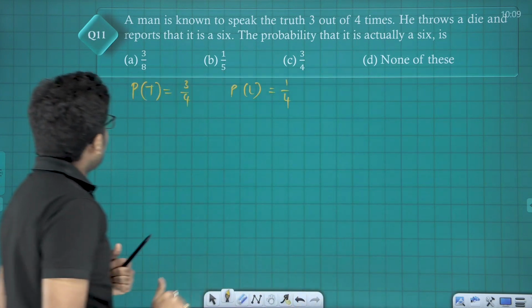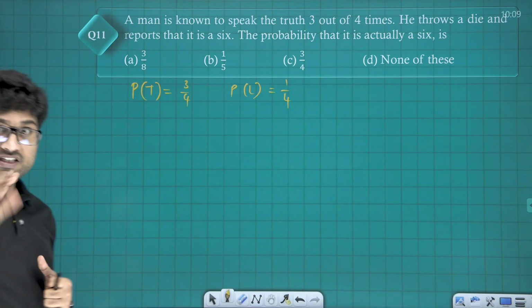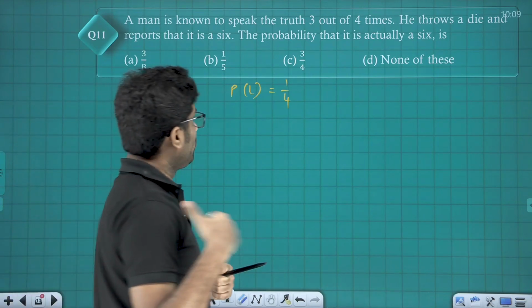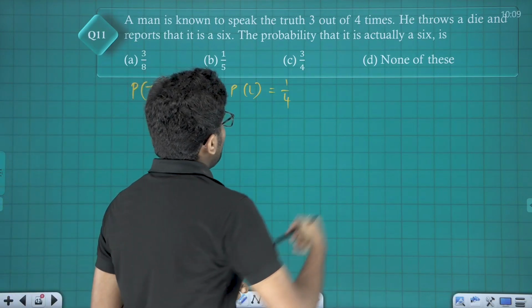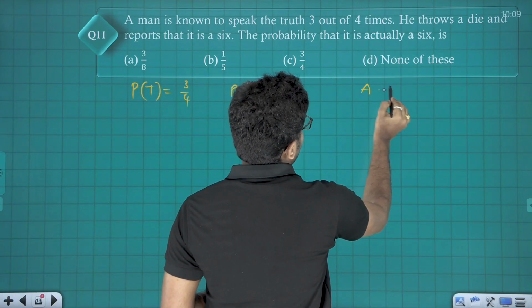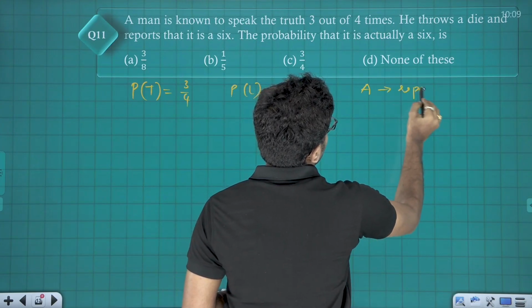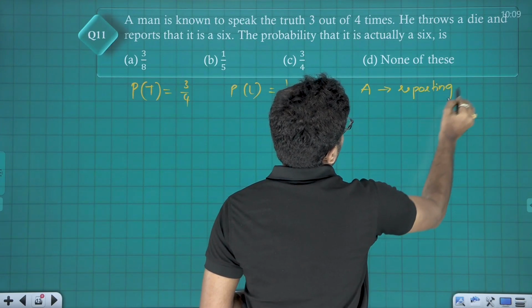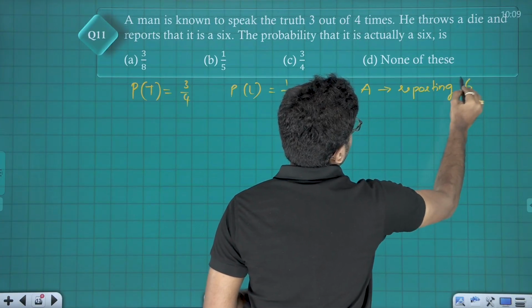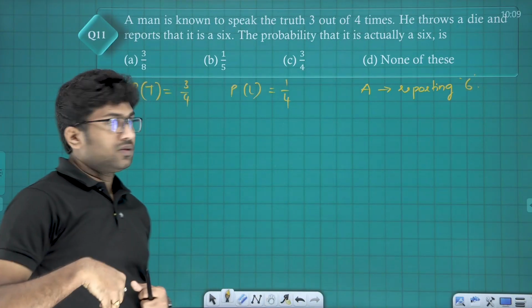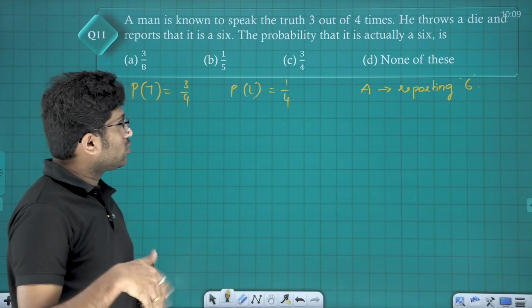He throws a die and reports that it is 6. He has reported that it is 6. Let us take capital A be an event of person reporting 6. Now in this case he throws a die, fine.